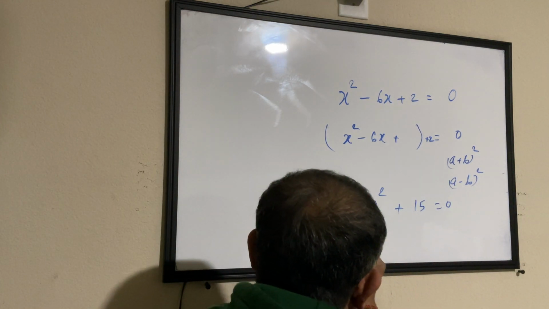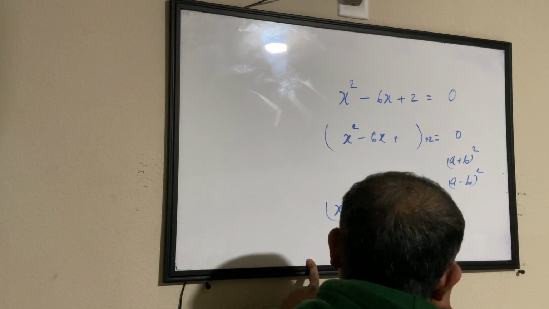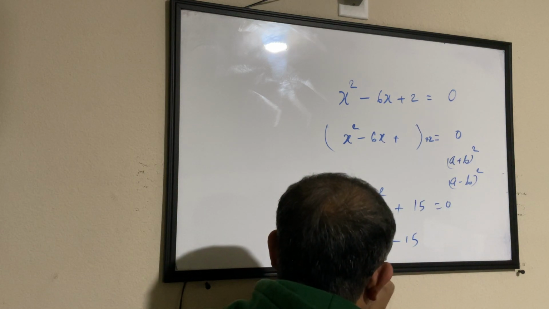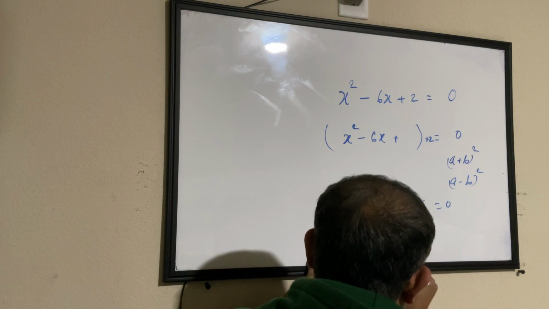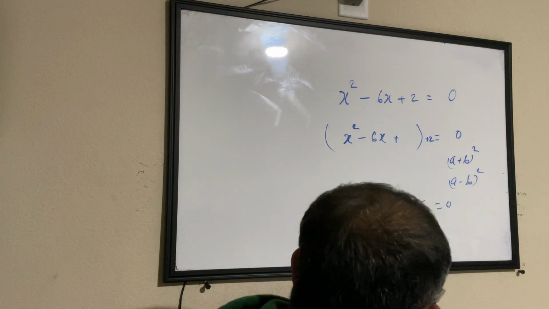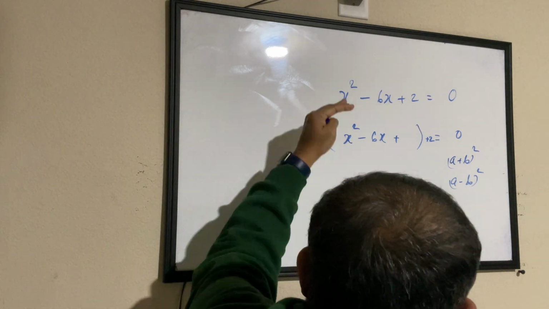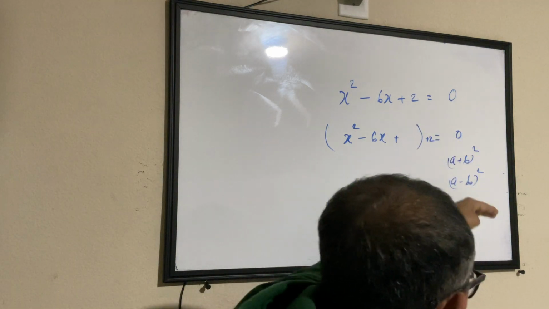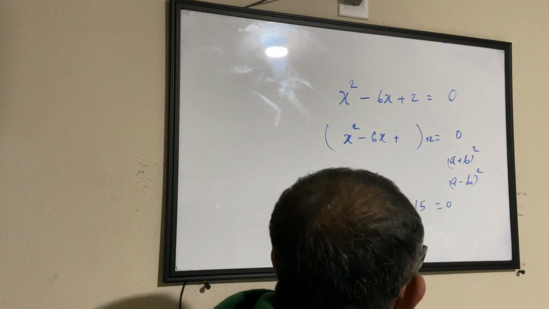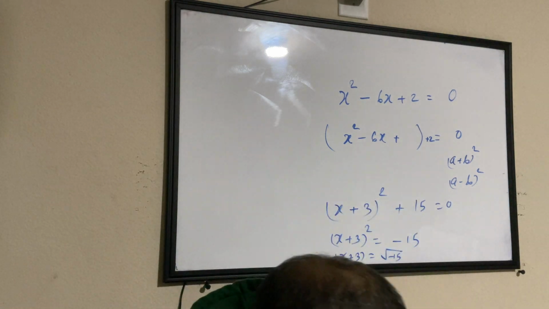Then you know that x plus 3 whole square will be equal to minus 15, so x plus 3 will be the square root of minus 15, and you know how to deal with this. So instead of memorizing the quadratic formula or going with other methods, you have another option: try to form whatever you have into a square. So let's see how we do it.